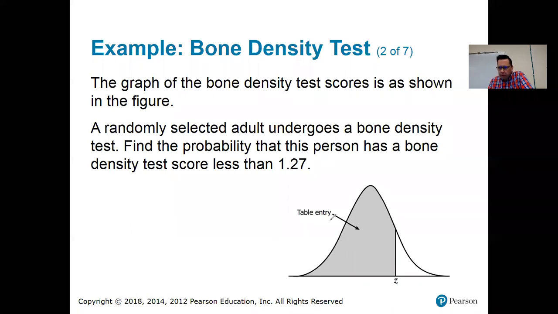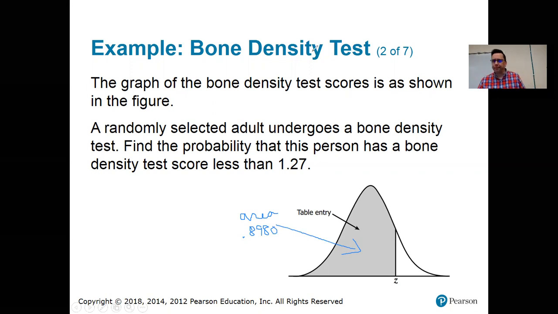Okay, so I'm just going to point at this and say that that area, oh, I'm so not good at writing with the mouse, is 0.8980. So that's going to be the probability that we want. Okay, it's that simple. You just find the answer in the table.